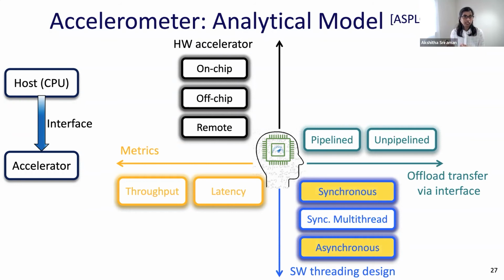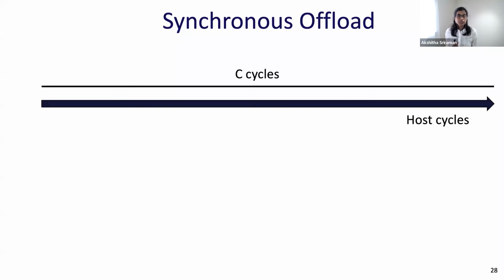So let me show you a simple example of the overheads that come into play when you are offloading to an accelerator synchronously versus asynchronously. To describe a synchronous offload, let's say your host is executing C cycles in 1 second.